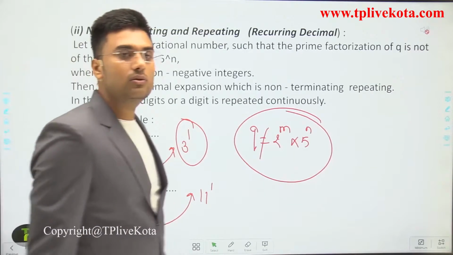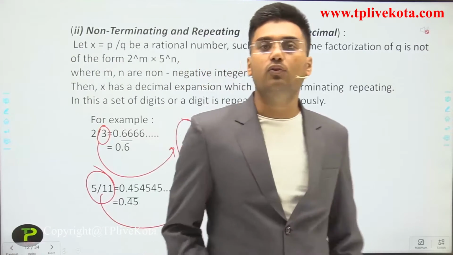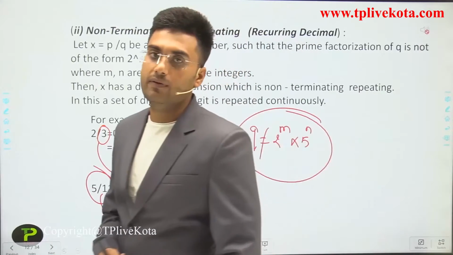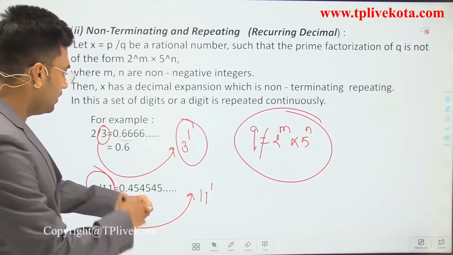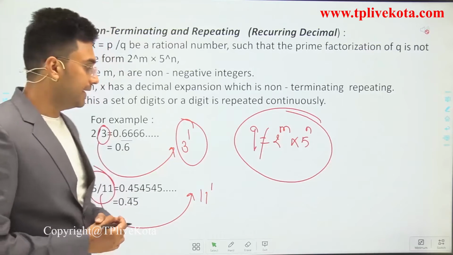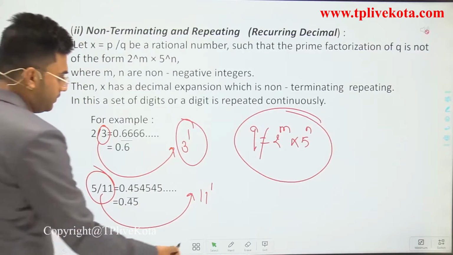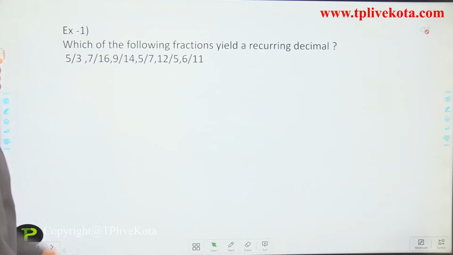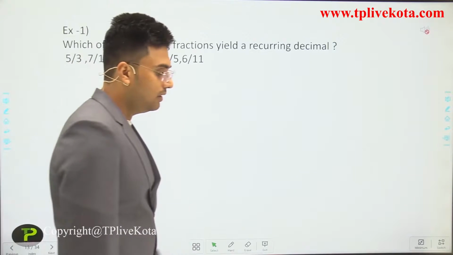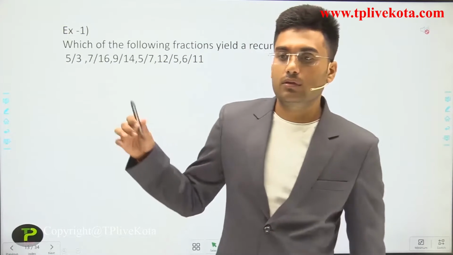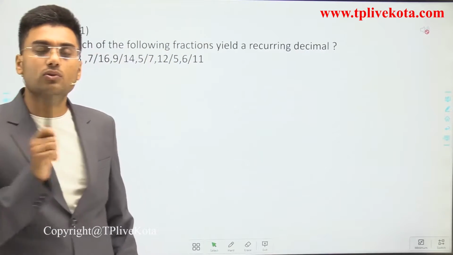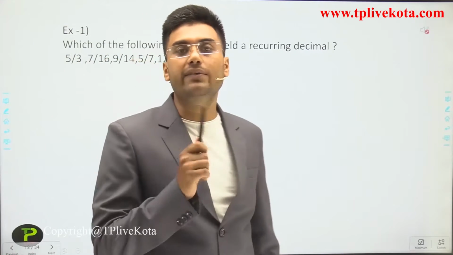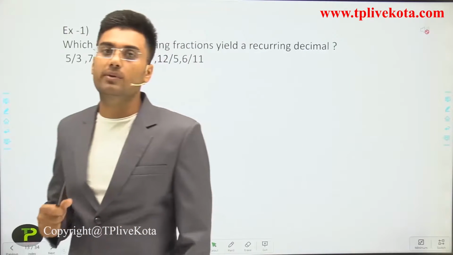Again it is not in the form of 2 power m multiplied by 5 power n, so it is non-terminating but recurring. We do not use the long division method for this type of example. We just check the denominator form.